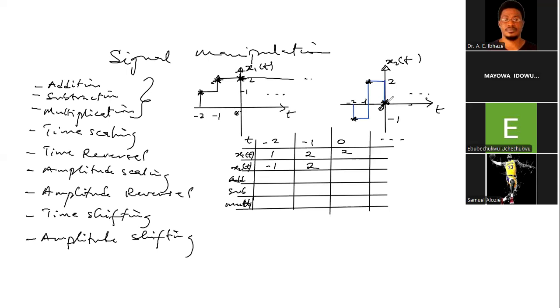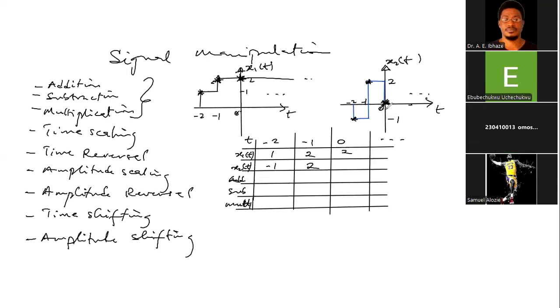At 0 is 0. At 2 is 0. This goes on and on, but that's all we have here. Is this clear? Are we all on the same page on this? Yes, sir.